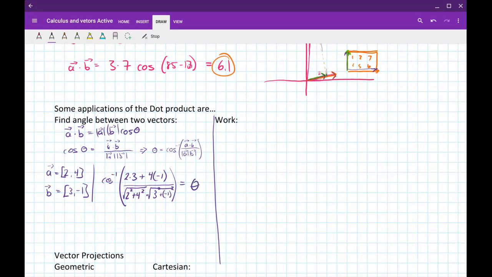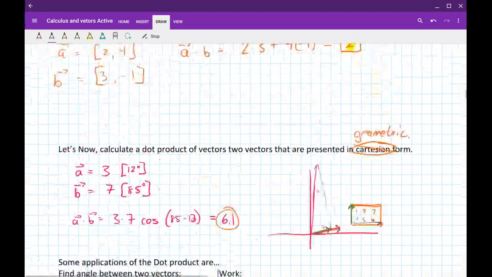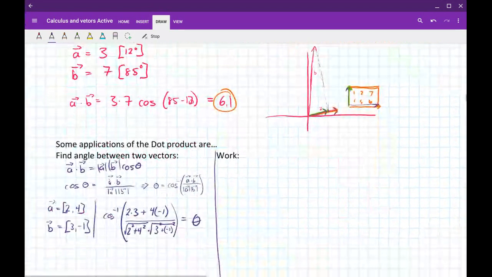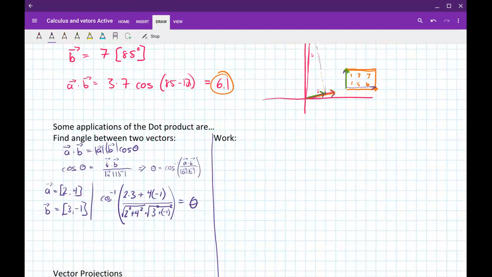We already know that the dot product is just going to be 2. So it's cosine inverse of 2 over root 20 times root 10, which is root 200.